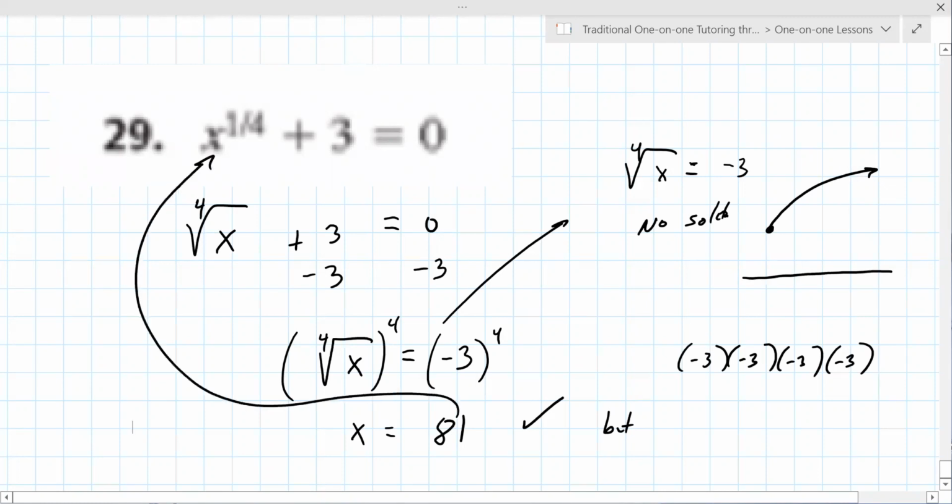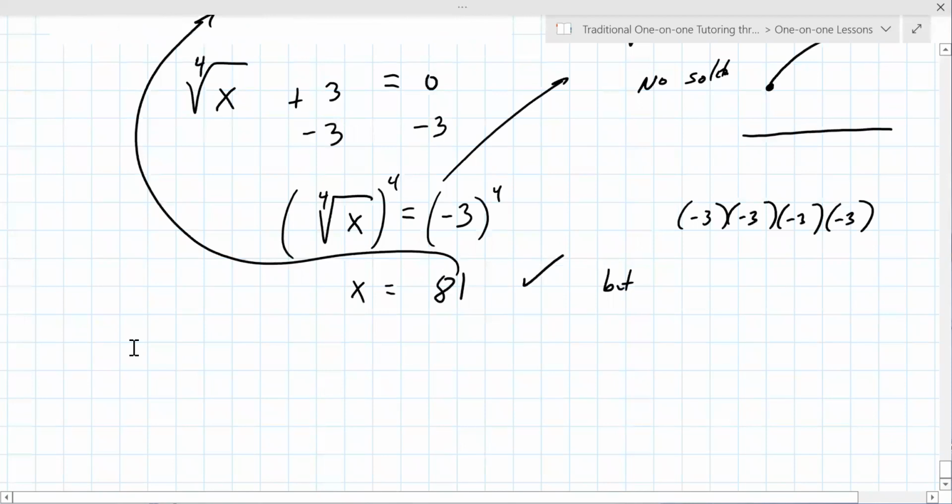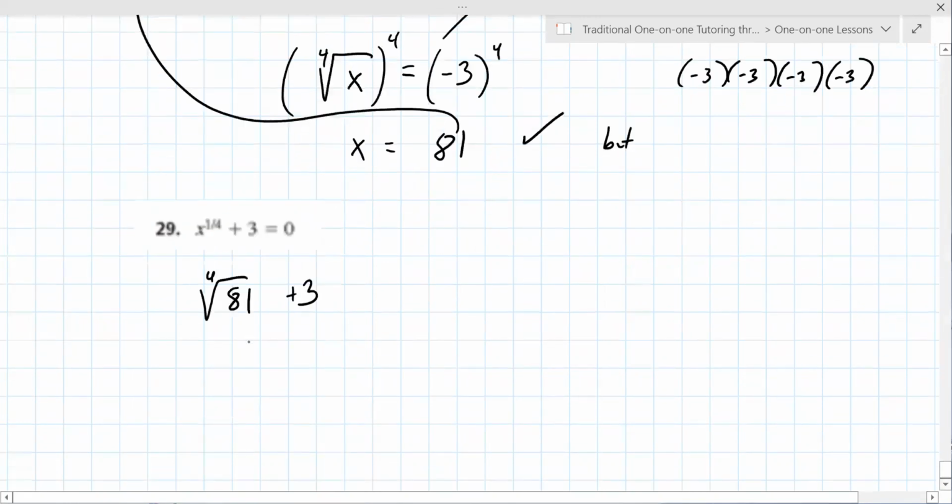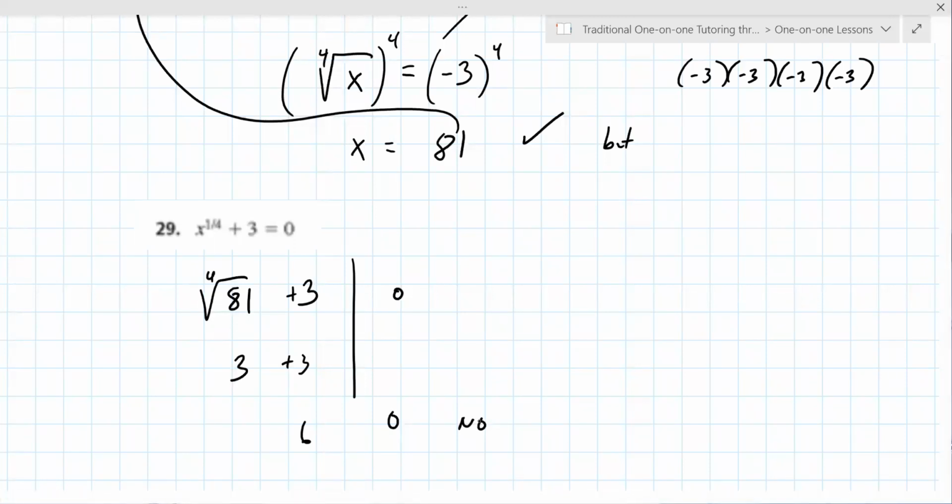You really do need to check all your answers, because you'd get the 4th root of 81 plus 3. 4th root of 81, that's 3, plus 3. But is that 0? No. So if you check your answers, you will walk out of the test or quiz knowing, hey, I got everything right, or hey, I'm not sure because I didn't check.